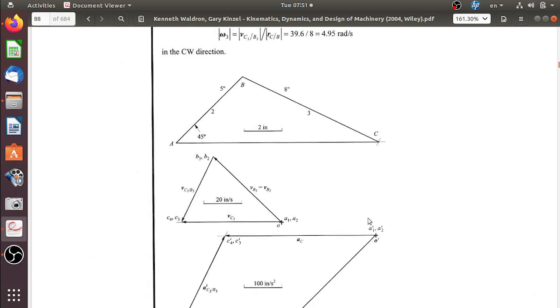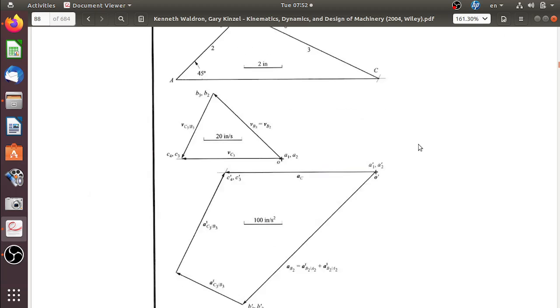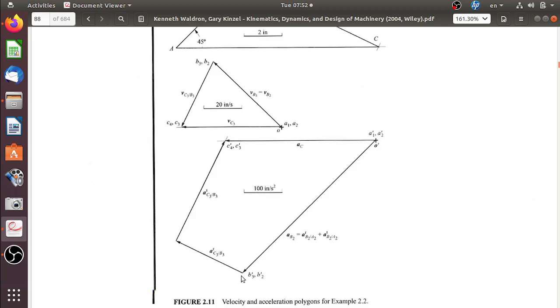Once we know the acceleration of this point, look at link 3. In link 3 I already know the acceleration of one point, which is B3, and now I need to know point C3. If you see these 2 points, there will be two components: one radial, another tangential. First let me construct the radial component, from here to here.